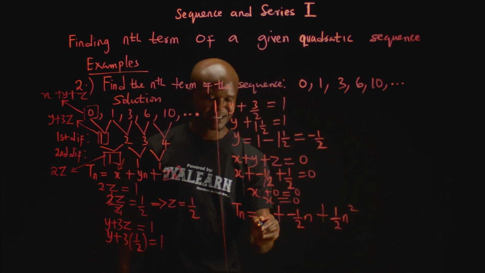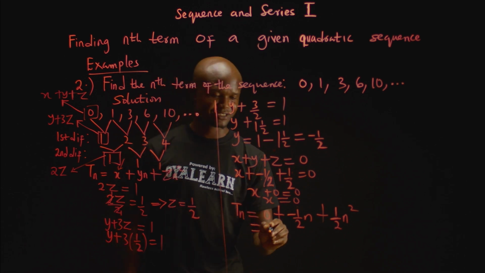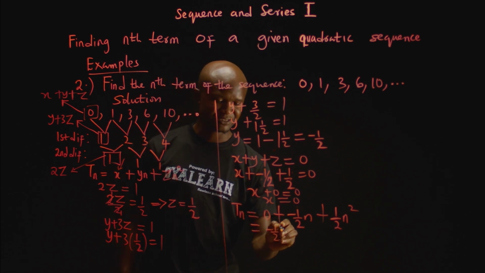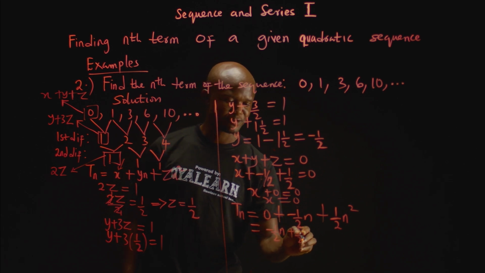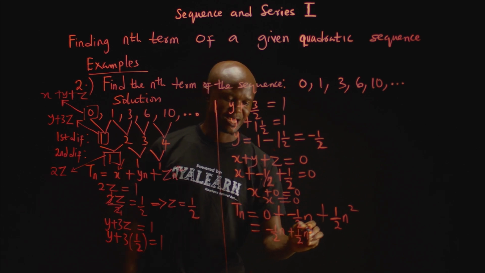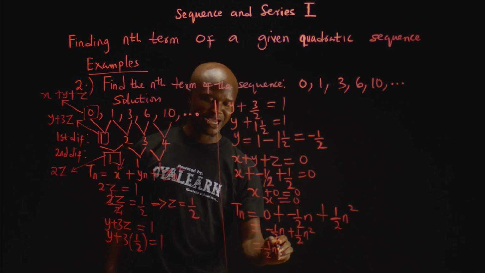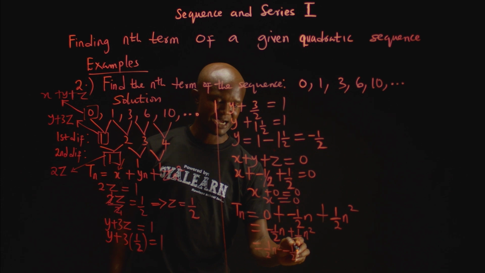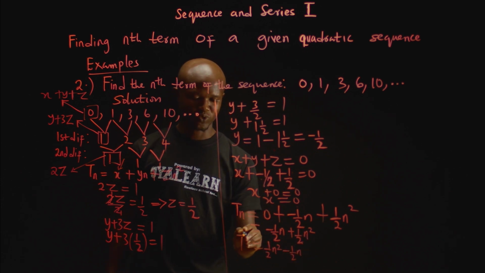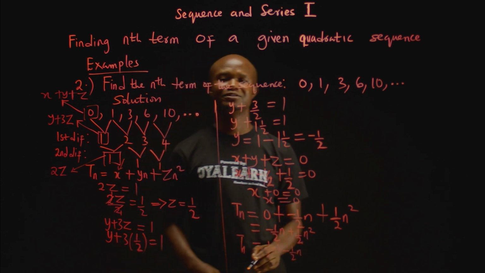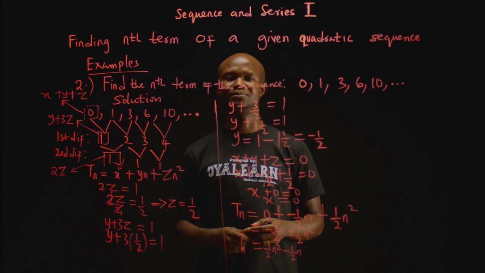So the formula is minus half n plus half n squared. We can also write it as half n squared minus half n equals the nth term. That is the solution to the problem. Thank you.